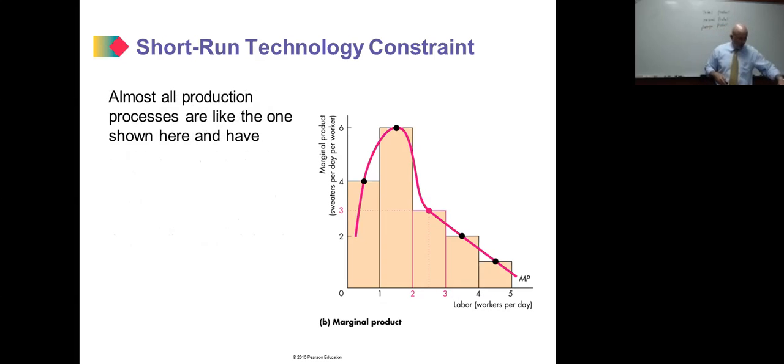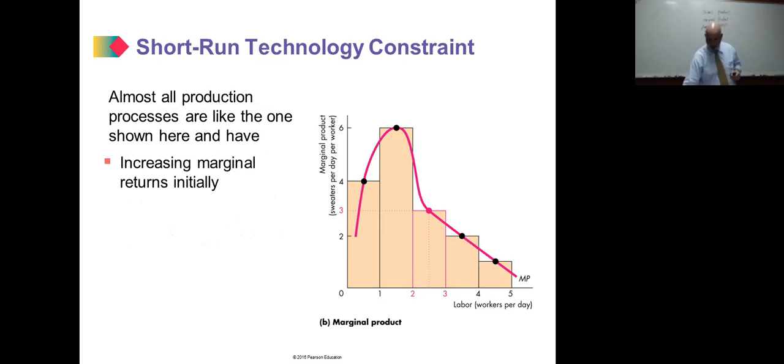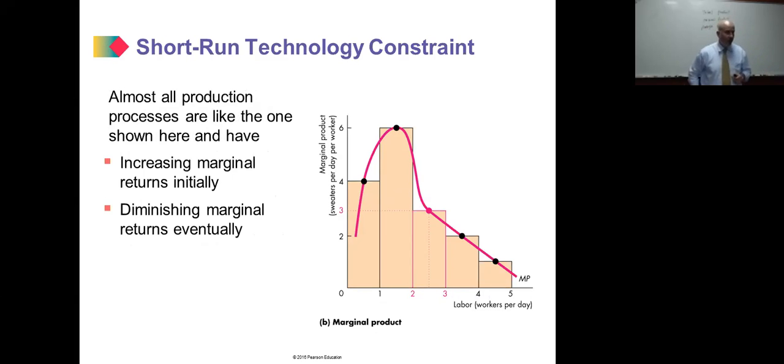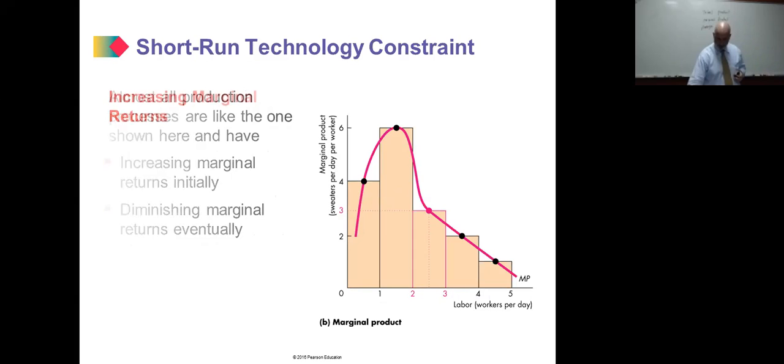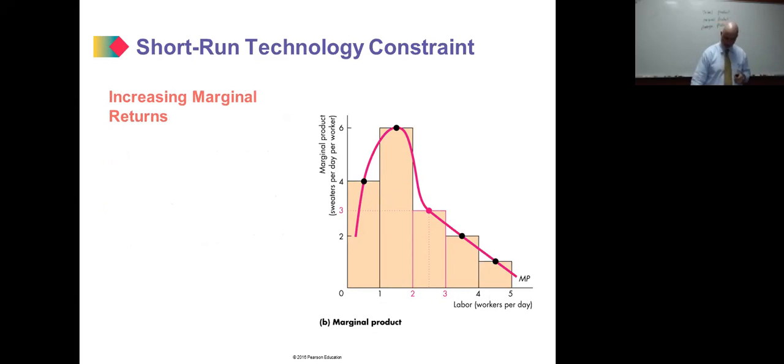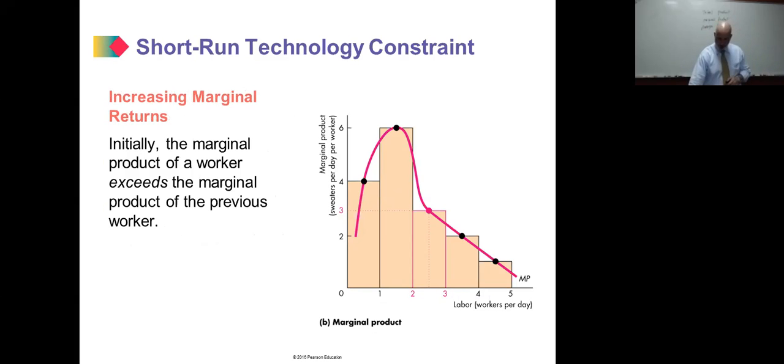All right, now almost all production processes are going to be like the one we're showing here: increasing marginal returns initially, diminishing marginal returns eventually. So here we start to see initially the marginal product of a worker exceeds the marginal product of previous workers.